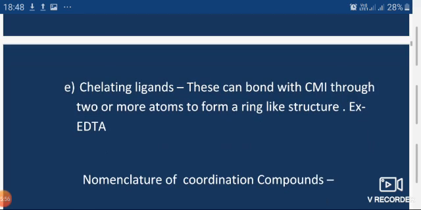Then the next is chelating ligands. The ligands that can bond with the central metal ion through two or more atoms to form a ring-like structure are known as chelating ligands.